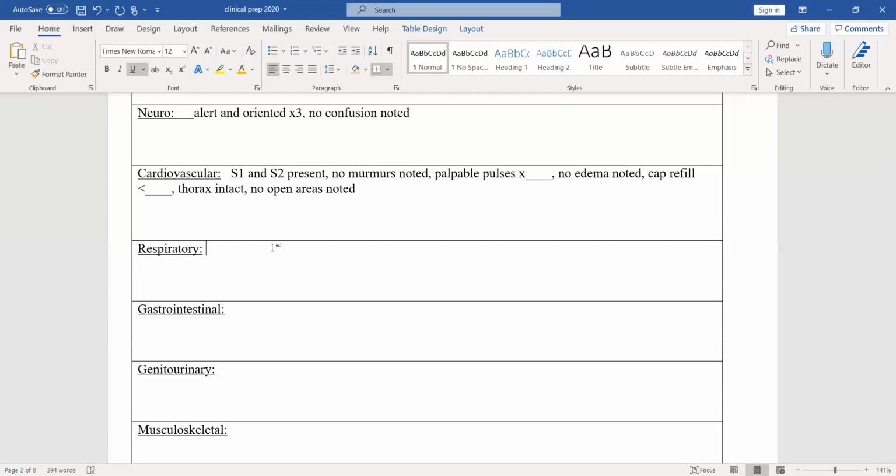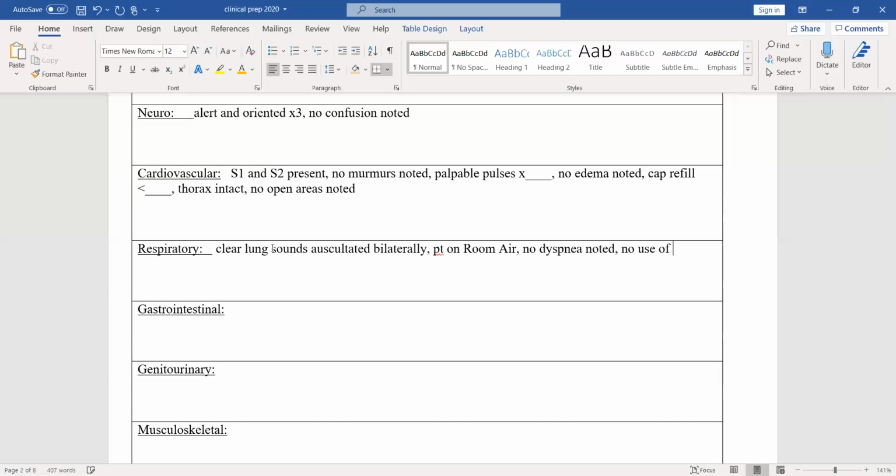Under respiratory, we would move to, sorry, clear lung sounds auscultated bilaterally. Patient on room air. No dyspnea noted.